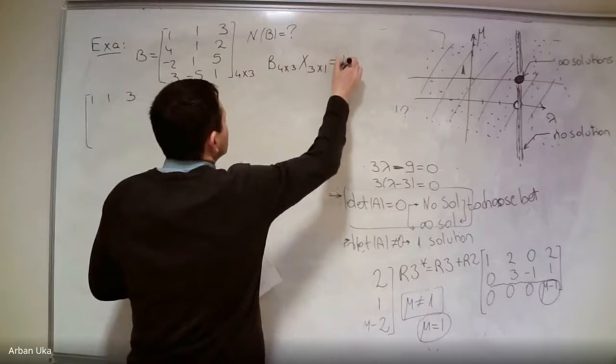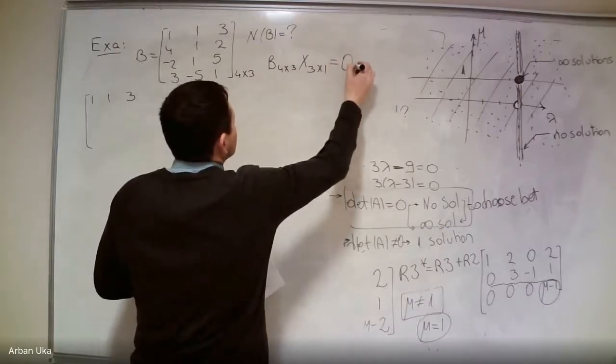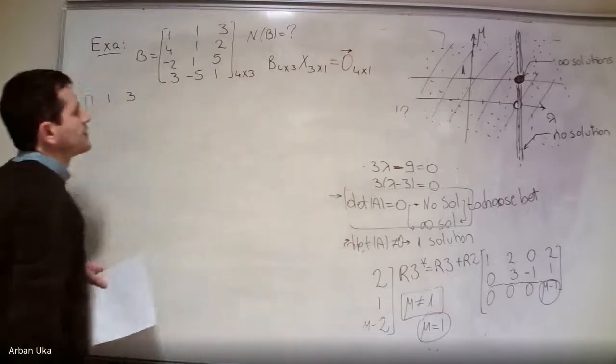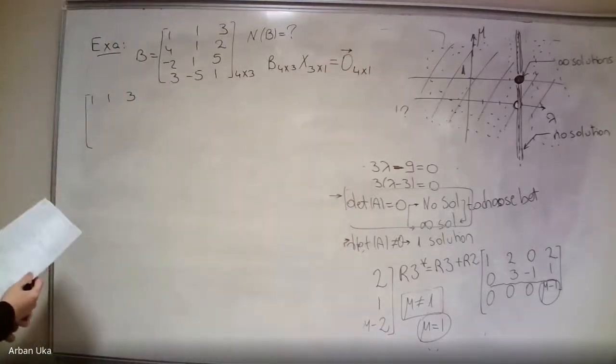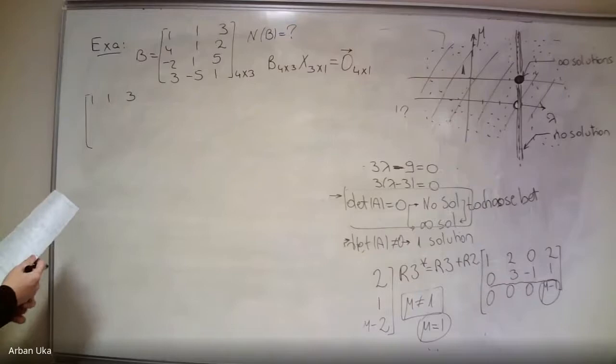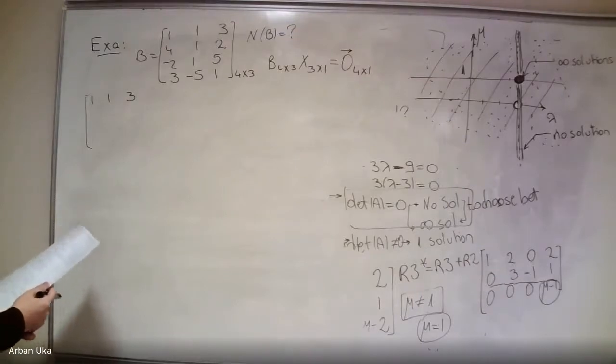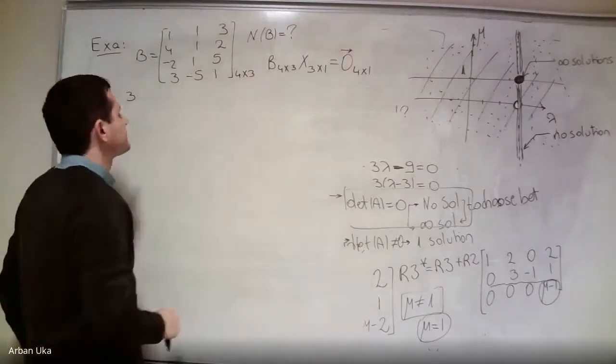This would be equal to 0, which is also 4 by 1, okay? So we're trying to identify 3 numbers, or a triplet of numbers, which can satisfy this condition.